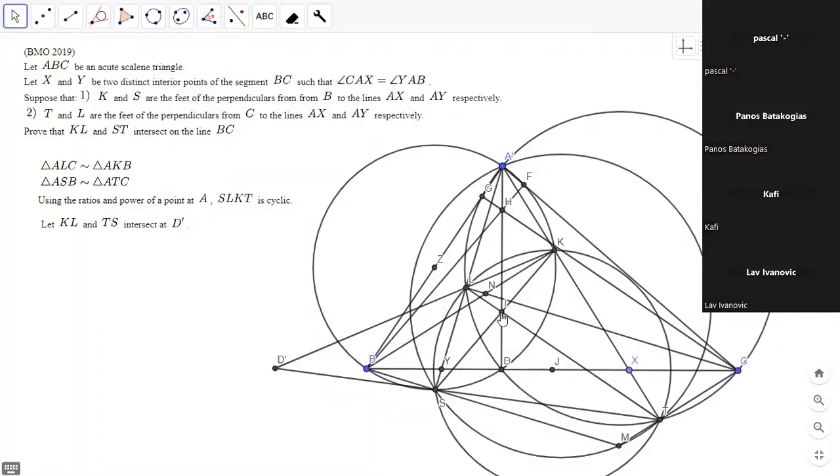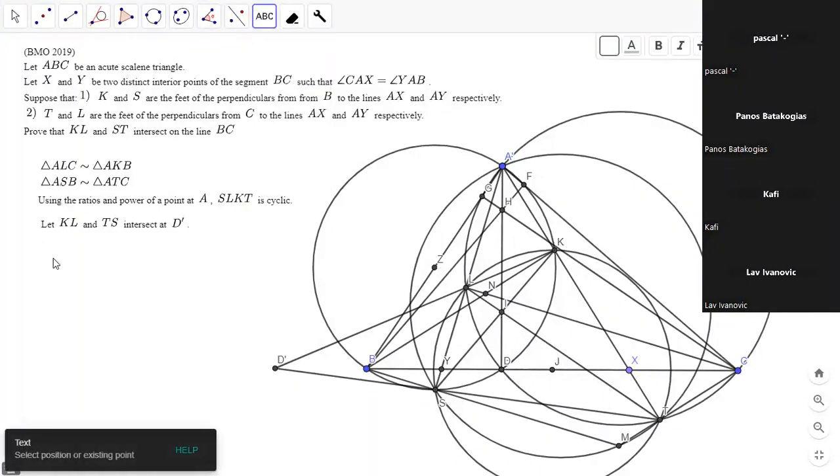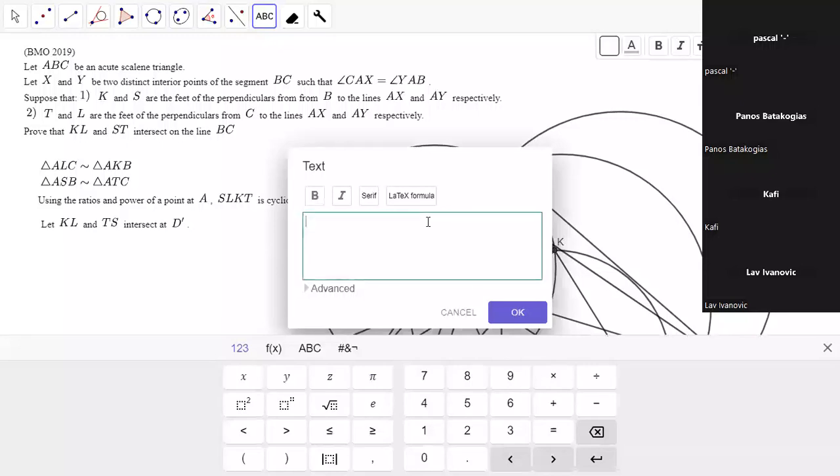Actually, do we need that fact? I'm not even sure if we do. Well, yeah, I think we do, because the altitude's perpendicular to BC. Okay, so how did we show that? Oh, by the radical axis theorem. So by the radical axis theorem, LT, KS, and AD concur at a point I.